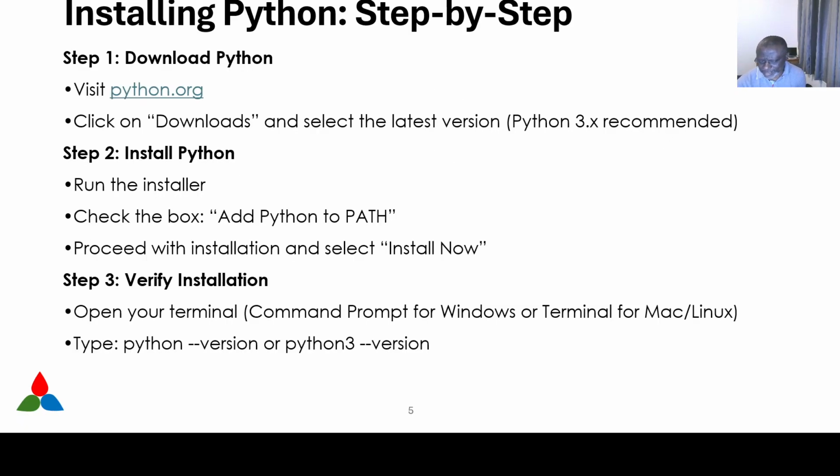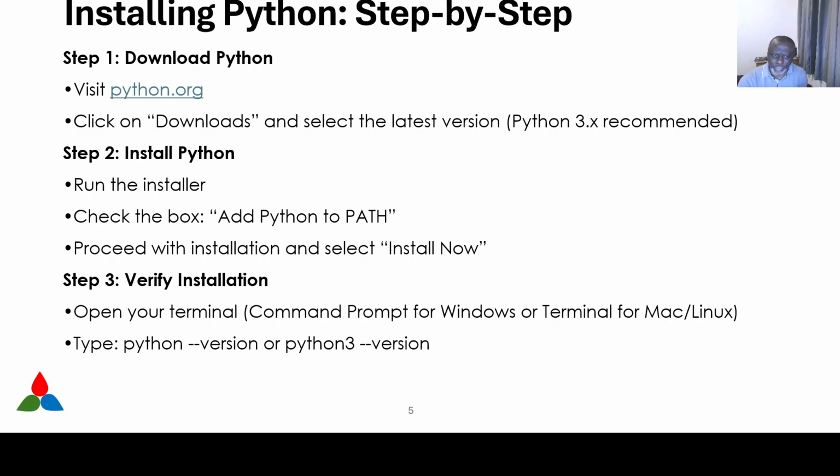How do we get Python installed? You go to this site and download Python. When you select the download, you are likely to find that there are so many versions there. Just download any one with Python 3 point something. I have 3.12.5 installed on my computer. You will see it in a while.